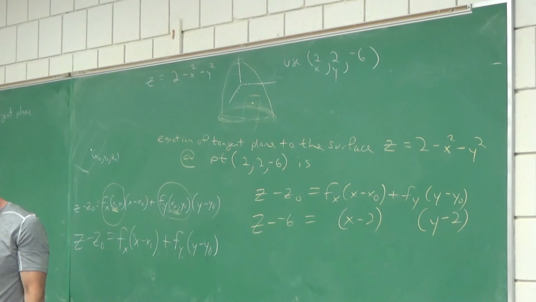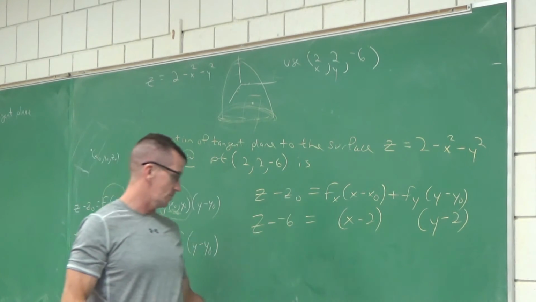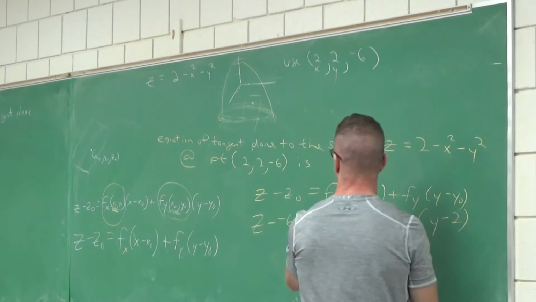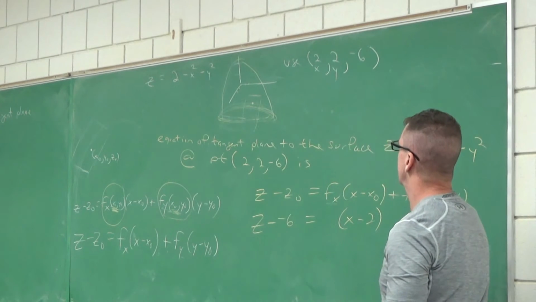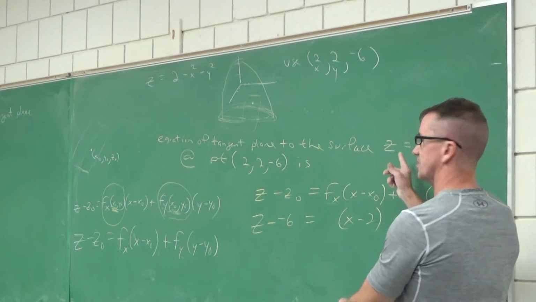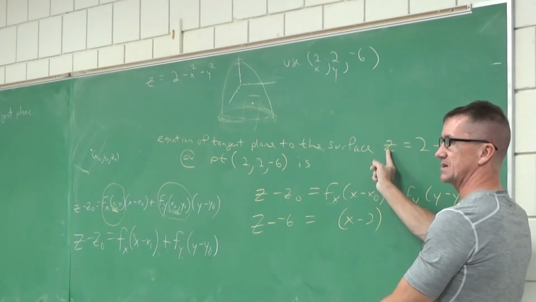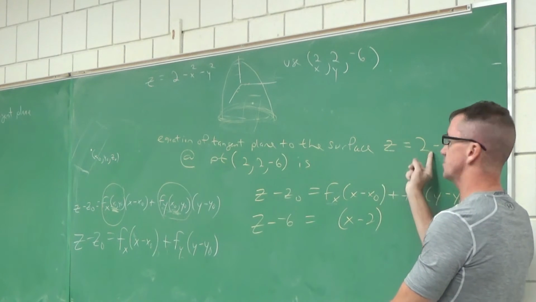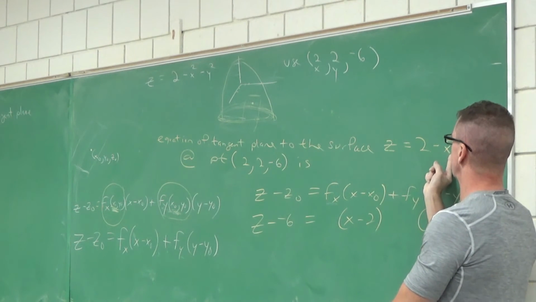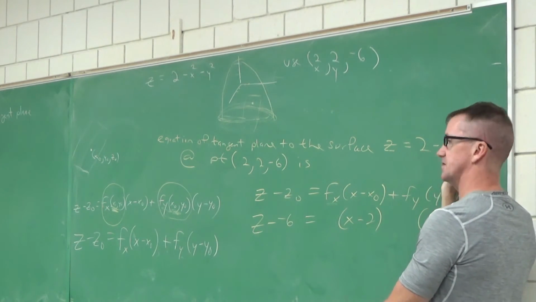You'll see one like this, like number 7 on the practice set. All right, what's fx? There's f, the function of x and y right there. What's the derivative of this with respect to x? 0 minus 2x minus 0?